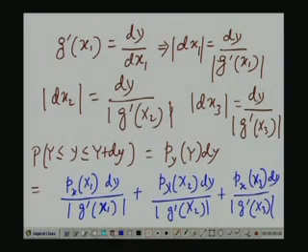Just only one thing I need to add here, that suppose the function y equal to g x is such that it has got some flat portion, something like this.